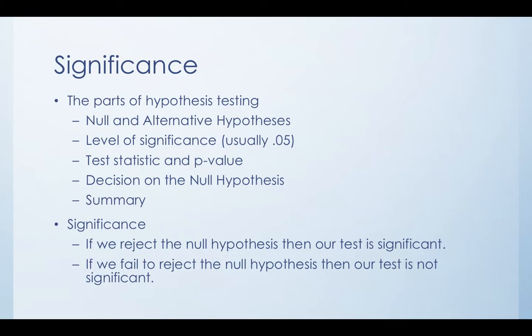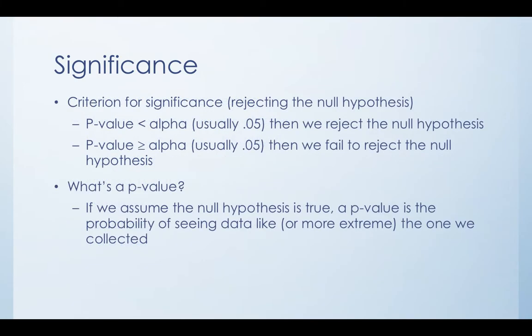The significance of our test: if we reject the null hypothesis, then our test result is significant. And if we fail to reject the null hypothesis, then our test result is not significant. Significance is established by comparing our p-value with our alpha. So if our p-value, which we'll use R to calculate, is less than alpha, then we reject the null hypothesis and we have statistical significance.